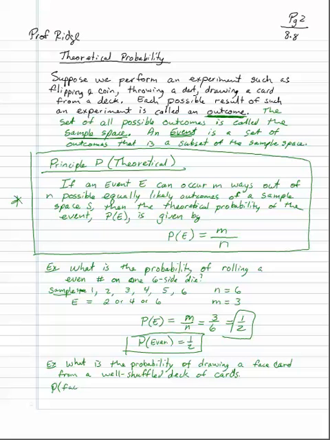The probability of a face card is the number of face cards divided by the total number of cards. There's 3 for each suit, and 4 suits, so it's 12 face cards out of 52.